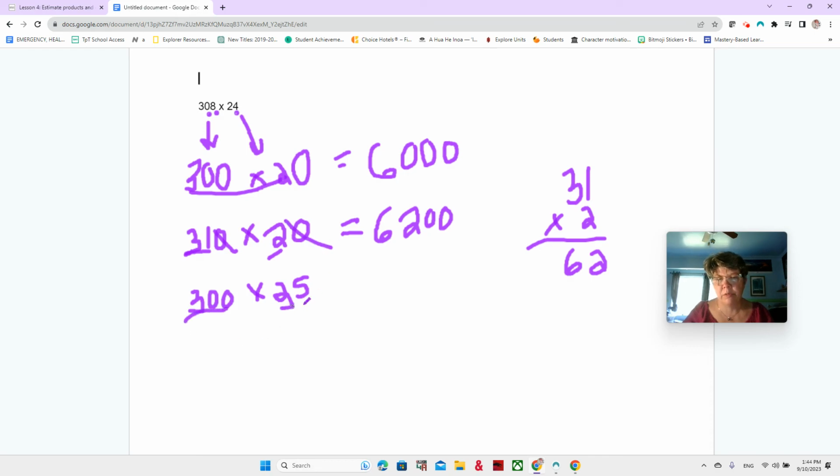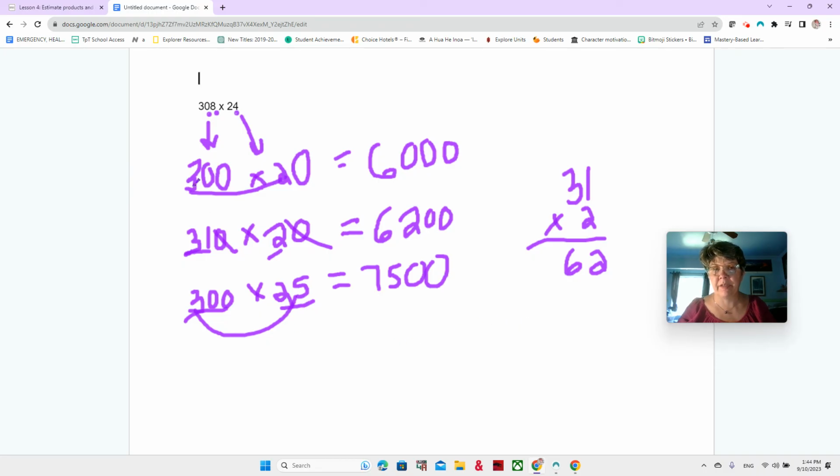Or we could do 3 times 25. Think about having 3 quarters. 3 quarters is 75 cents, right? 3 times 25, and then our 2 zeros. Okay, so that would be 7,500. Now, do we think our estimates are less than or greater than the actual answer?